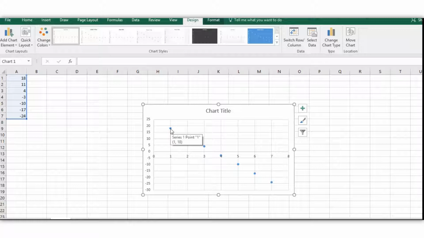When x is 1, y is 18. If I go over here to 2, when x is 2, y is 11. Let's go down here: when x is 5, y is -10. Let's just do one more. When x is 7, y is -24.